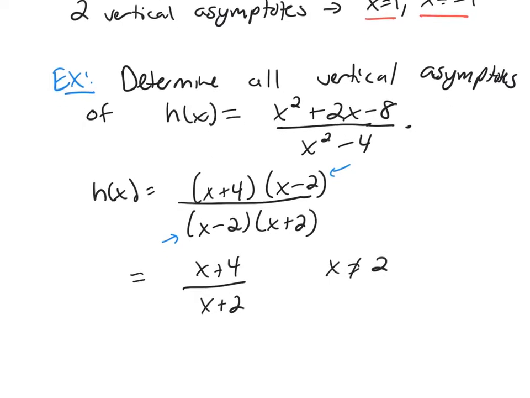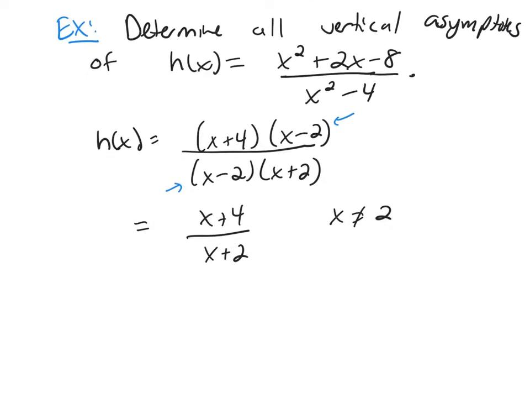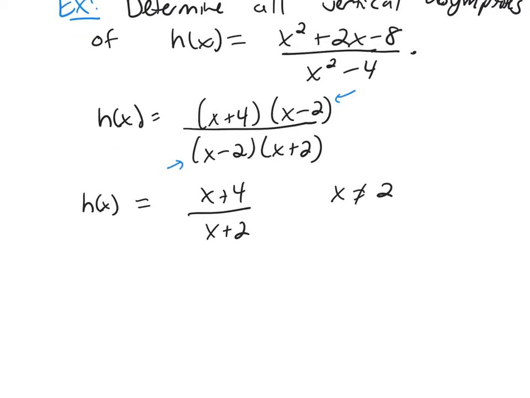So now that I've simplified this down, I can ask myself, what makes the denominator 0? The only thing that makes the denominator 0 is x equals negative 2. The numerator is not 0 there, so this is my only vertical asymptote.